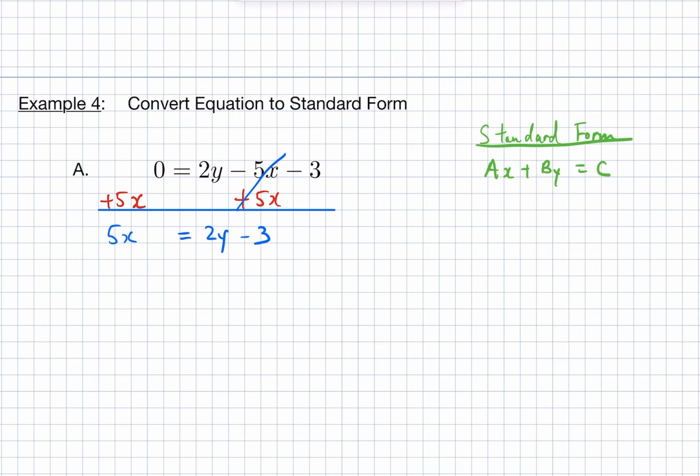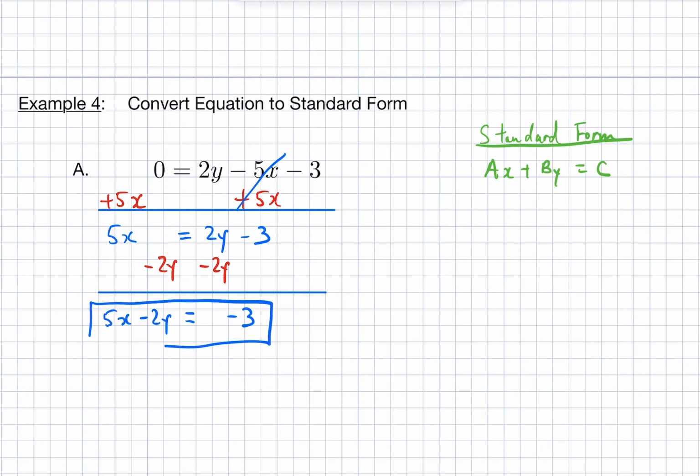Then the last step is we want to move this 2y over to this side of the equation, and to do that we're going to subtract 2y from both sides. When we do, we are left with 5x minus 2y is equal to negative 3. Now we see that this equation is in standard form of ax plus by equals c. So this is our answer in standard form.